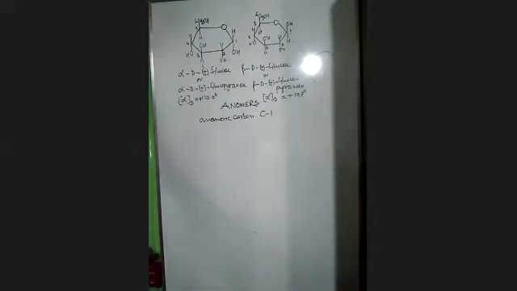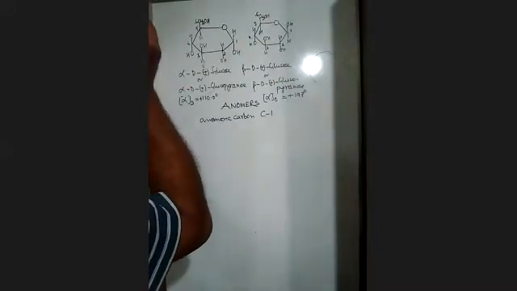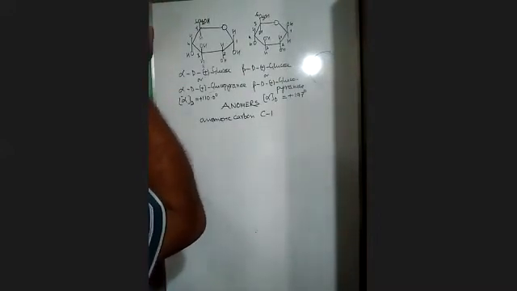They will not change their structures. But the anomers change their structure. One attains the other, and the other one again comes back to the previous one. Clear? And that process in which these structures are interconverted and ultimately reach an equilibrium is called mutarotation. Mutarotation comes from the words mutual rotation.